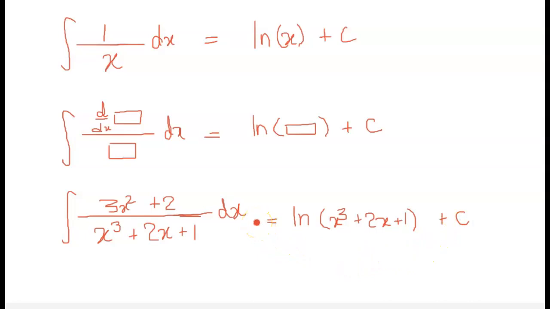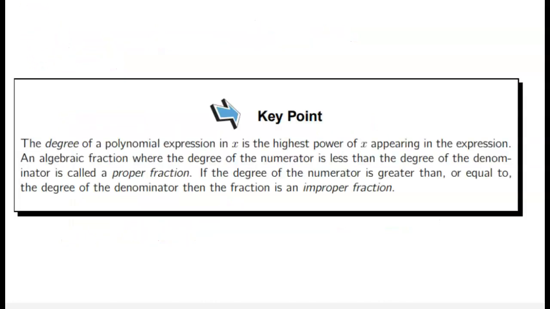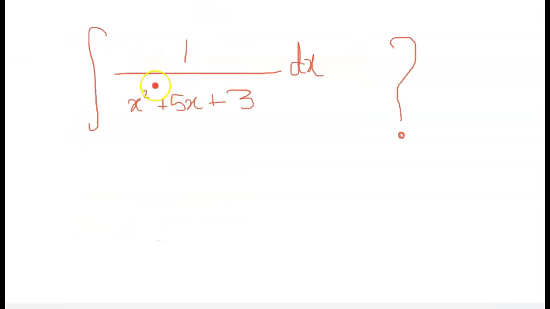So whenever you see this rule, that's how we integrate. Okay, now what if we got a term like this, 1 over x squared plus 5x plus 3?